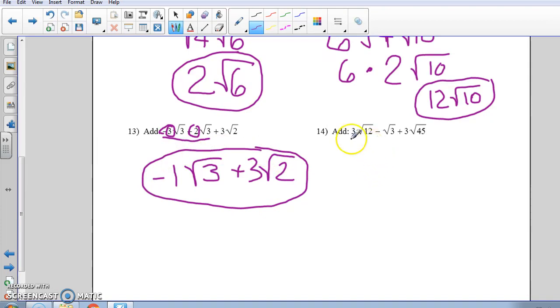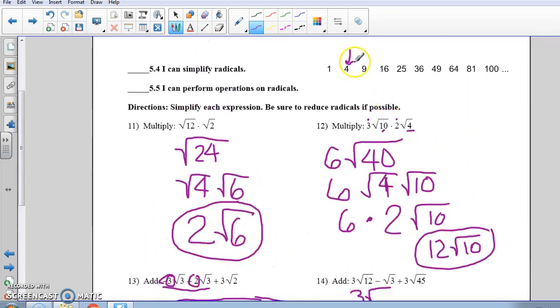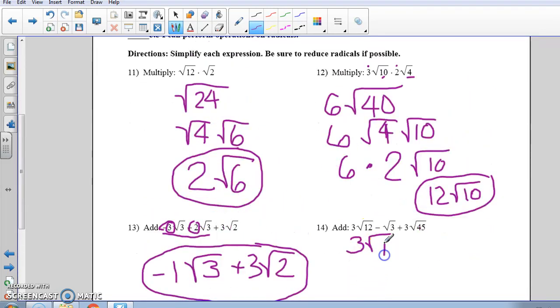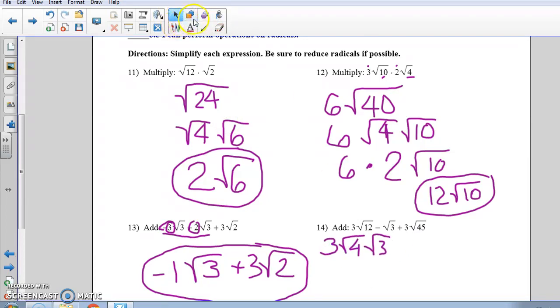So for 14, since none of the radicals match, you try to break down what you can. So 12 divides again by our perfect square of 4. And if you divide 12 by 4, you get 3. So for the first term, 3 square root of 12, we rewrite it with square root of 4, square root of 3. The middle term, negative square root of 3, cannot be broken down.